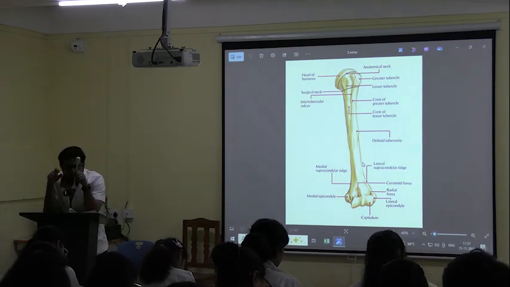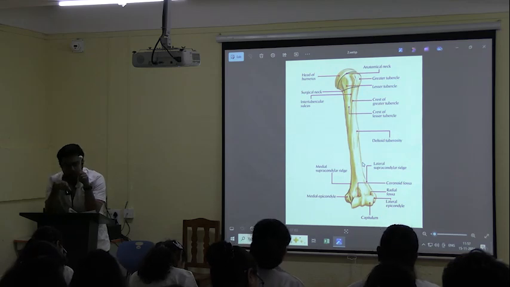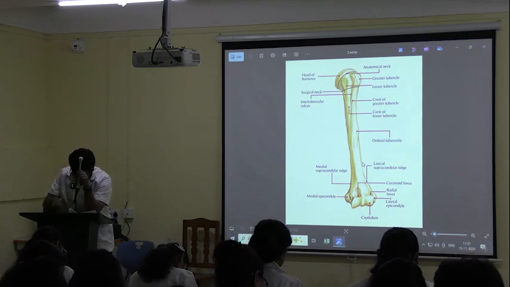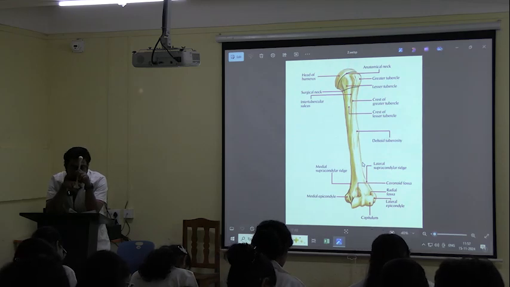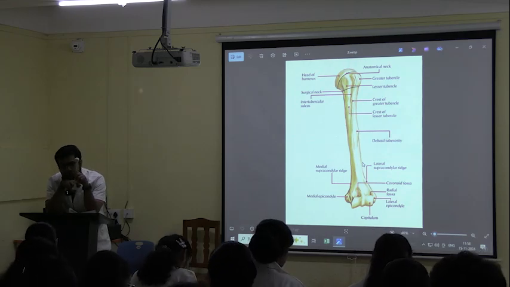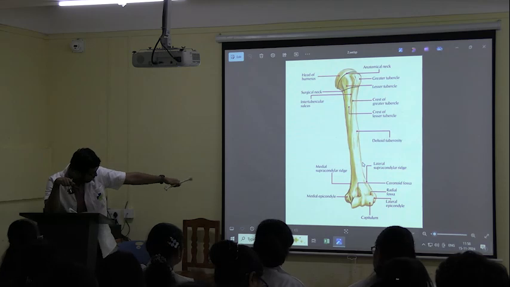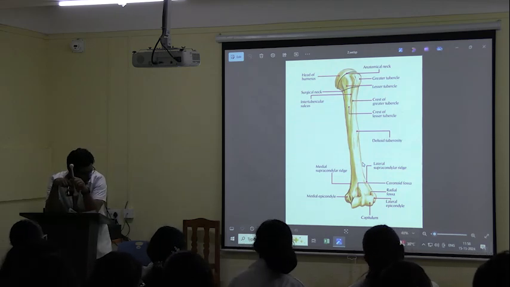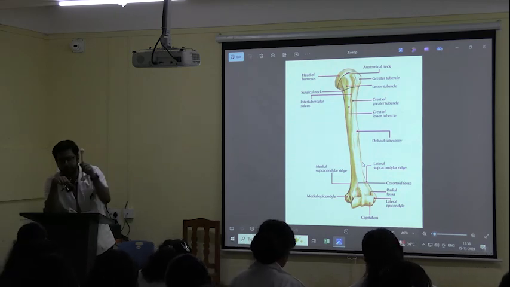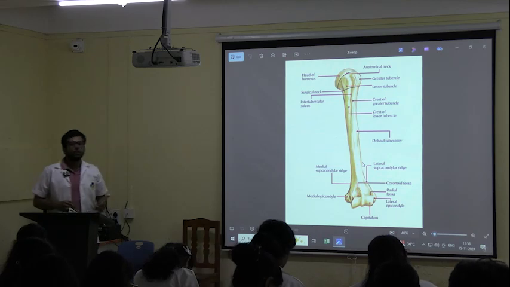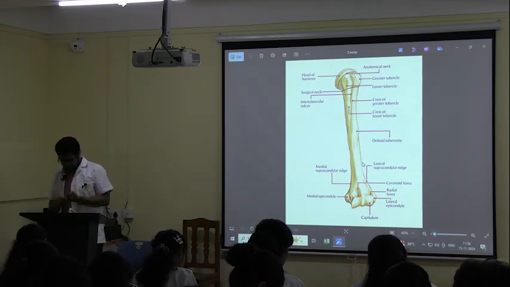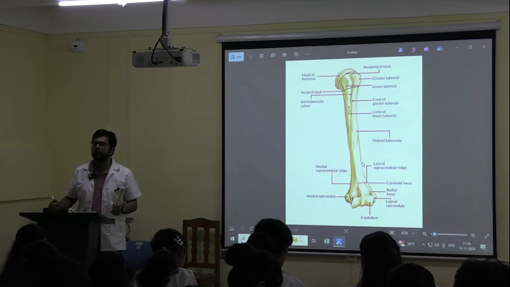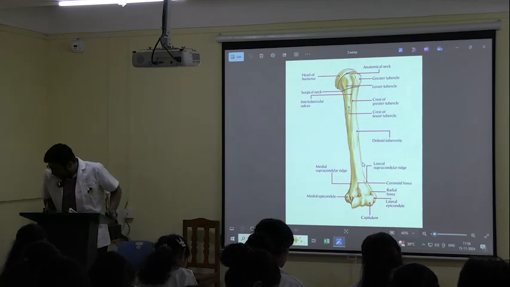Then the lower end. Okay. In the lower end, in the medial side, there is this part, medial epicondyle, as you can see here. Okay. Likho. In the medial end, there will be medial epicondyle. In the lateral end, there will be lateral epicondyle.